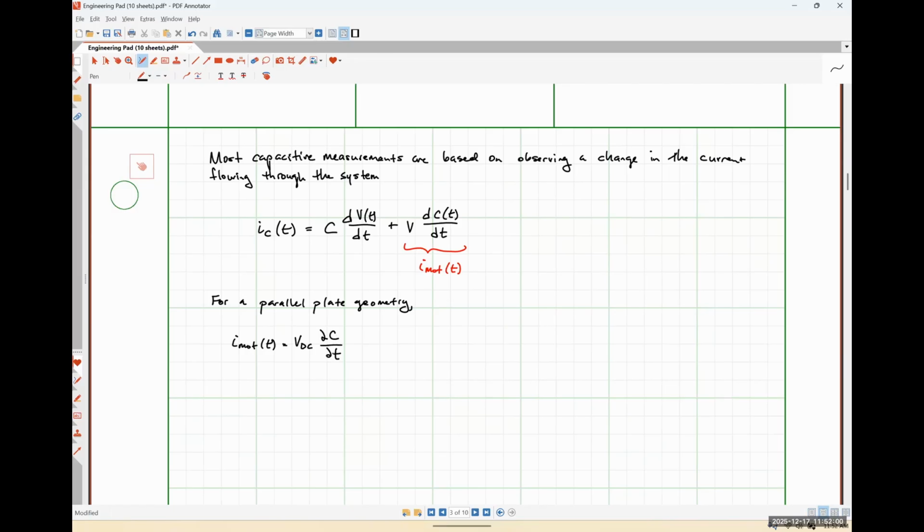Doing this as a partial derivative now. And I'm going to split that change in capacitance with respect to time up into two constituent parts. Okay. So I could have V_DC times the change in capacitance with respect to position multiplied by the change in position with respect to time. Well, the change in position with respect to time is just the velocity that our system is experiencing.